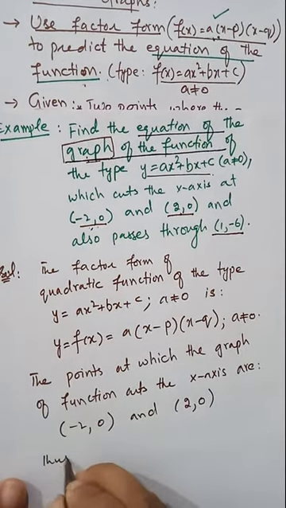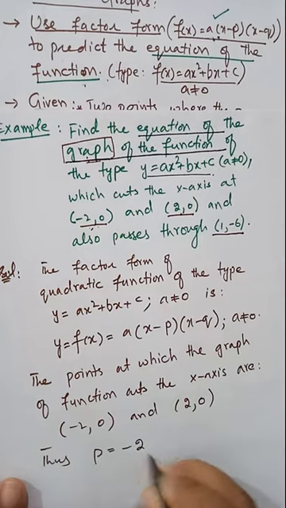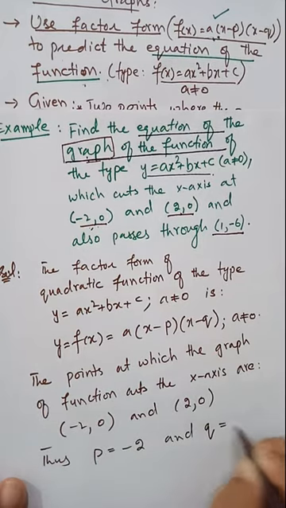So thus p is equal to -2 and q is equal to 2.